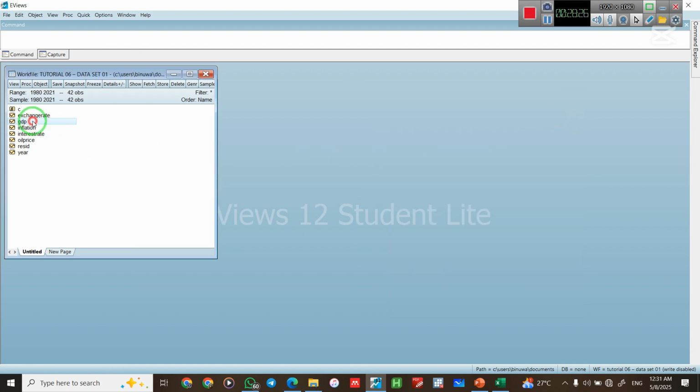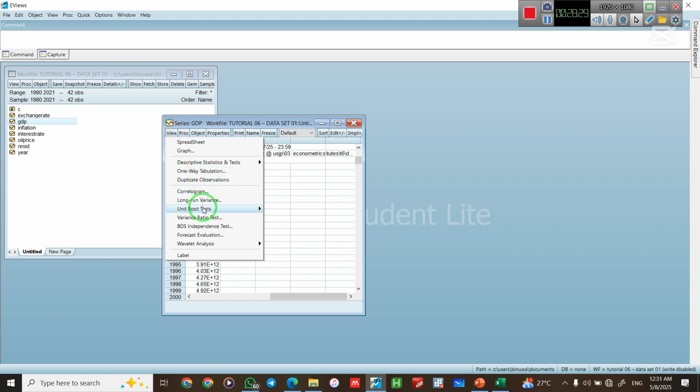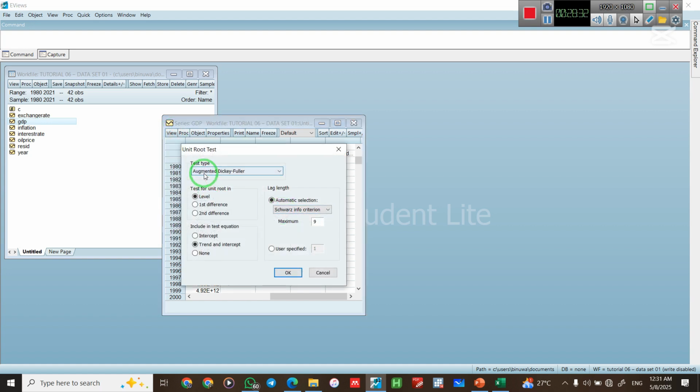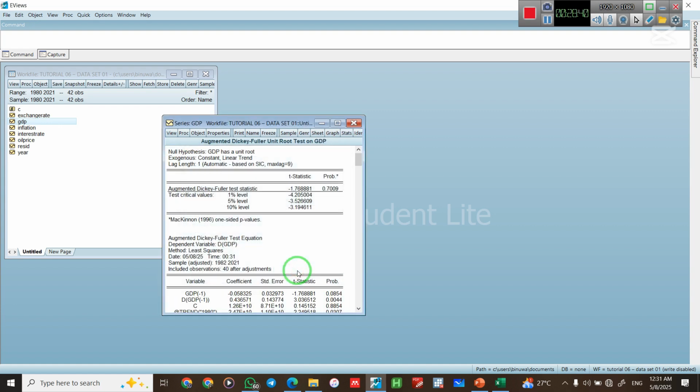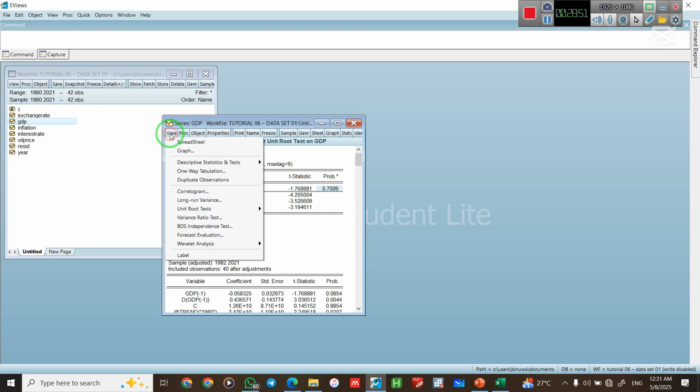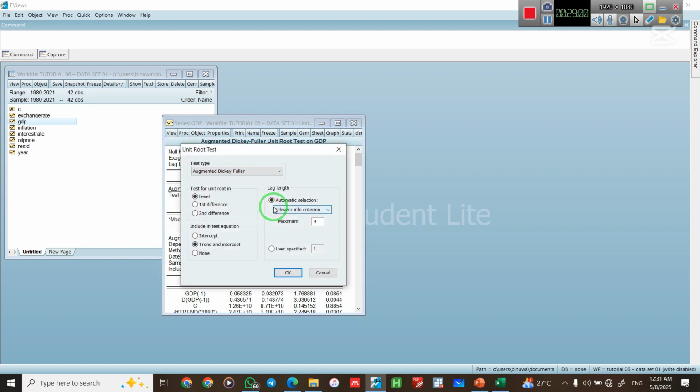and go to GDP, view, unit root test, standard unit root test, ADF test. At level data first I'm going to check, and I select both trend and intercept, then press OK. We can see that it is not significant at the level data, or it is not stationary at the level data. So we have to rerun it in first difference. So I'm going to view, unit root test, standard unit root test, and here I'm now selecting the first difference instead of level data, right?